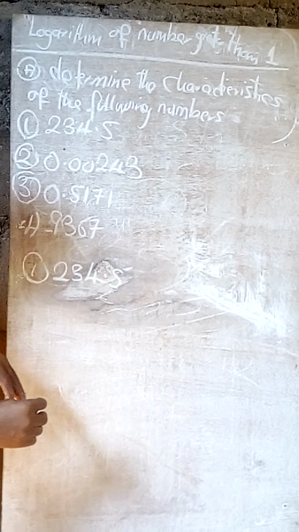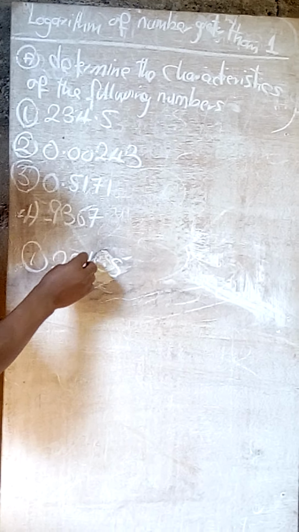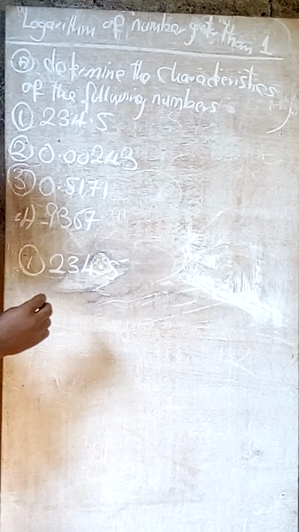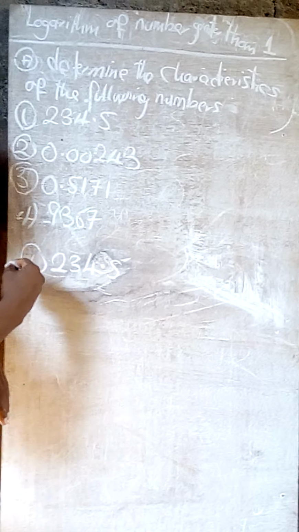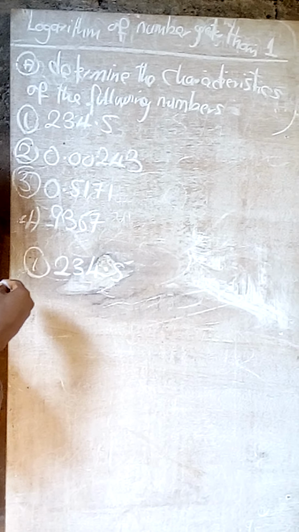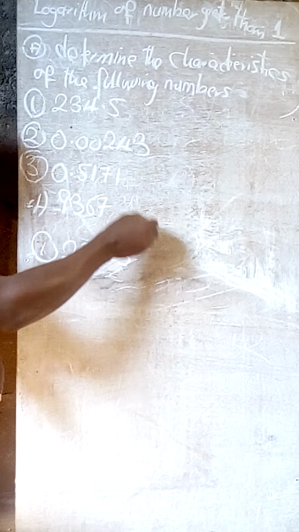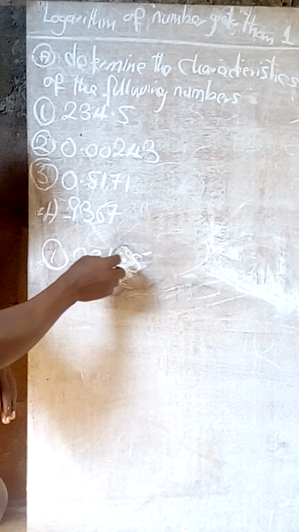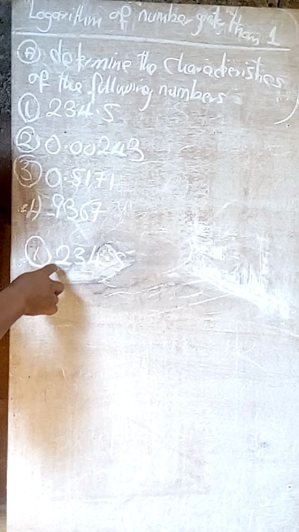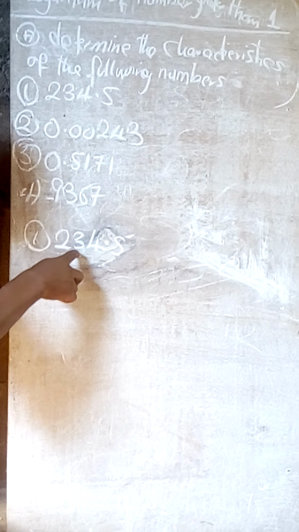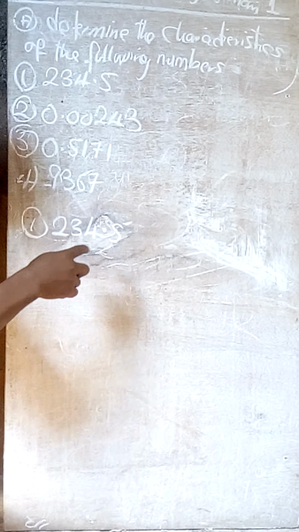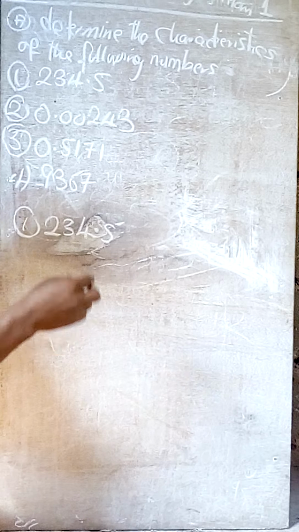When counting, the point is here, and you have to count it backward. At times they count forward, but at this time we have to count backward. It has to be in between the first and the second number from your left hand side.